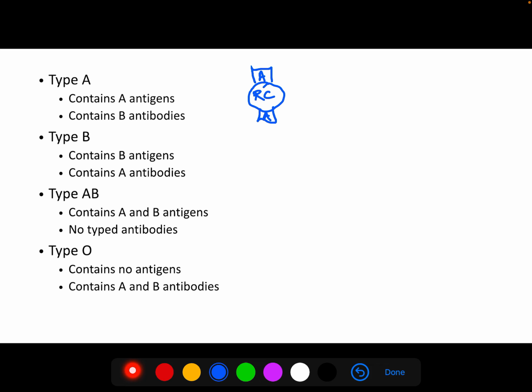And then our white blood cells would produce B antibodies that would code for different antigens. If we had type B blood, our red blood cell would have B antigens. And then our white blood cells would produce A antibodies.